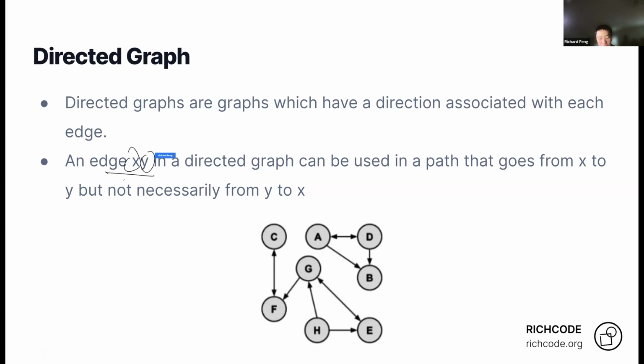But if it's a directed graph, it's not necessarily both ways. And we can use arrows to represent the direction. So C to F, we can go both ways. But for example, the connection between A and B, we can only go from A to B. So this is a directed graph because we have direction associated with the edges.